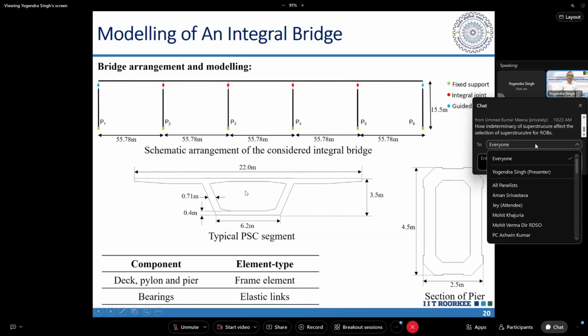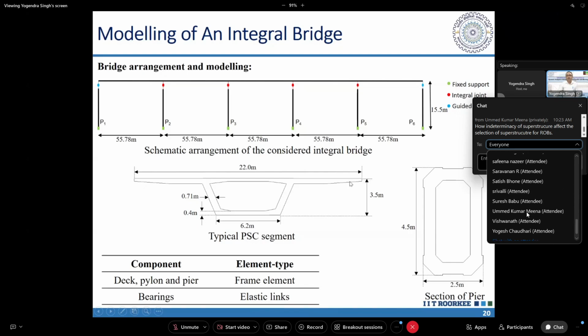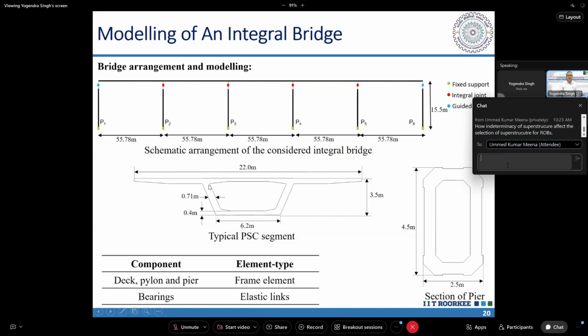So we will assign a longitudinal beam at the centroid of this cross section, and the properties A and I will be assigned based on the cross-sectional area and the moment of inertia of this. Similarly, the pier can also have a number of types of cross-section. It can be even a hollow pier. So whatever properties of this cross-section are there, we will assign to these piers.